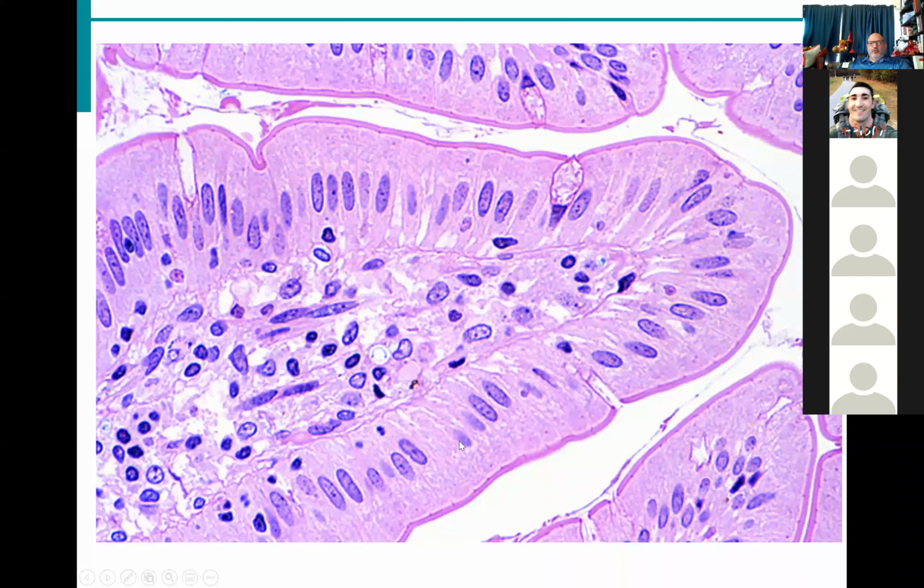Anybody have any idea what tissue type this might be? Simple columnar. Exactly. This is a simple columnar epithelial tissue.